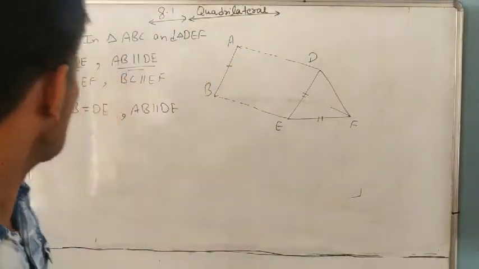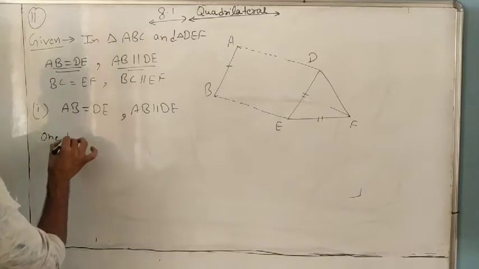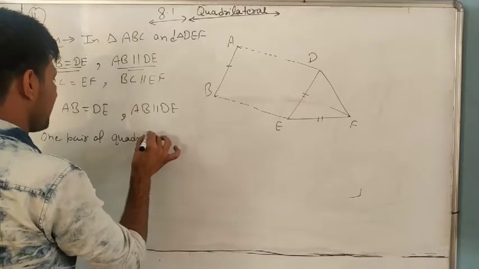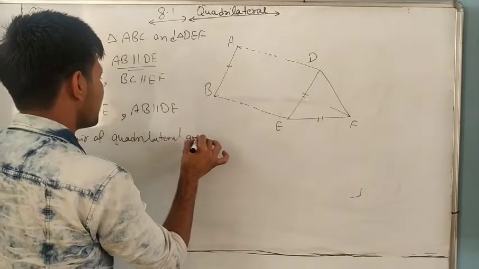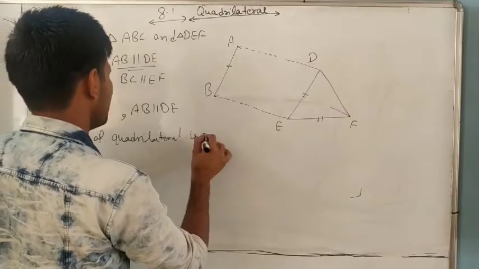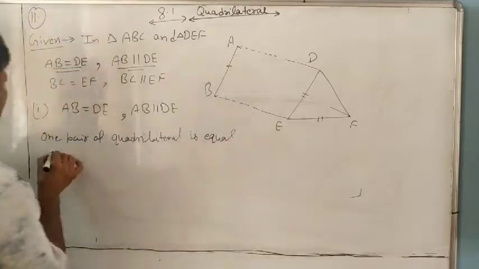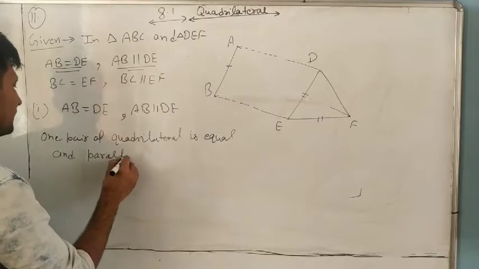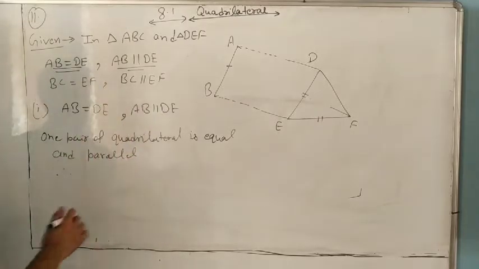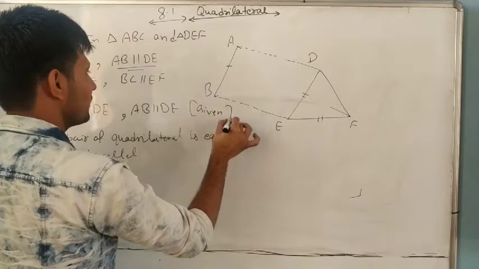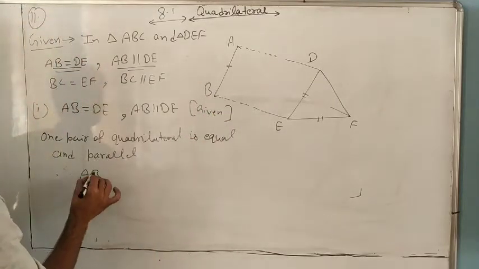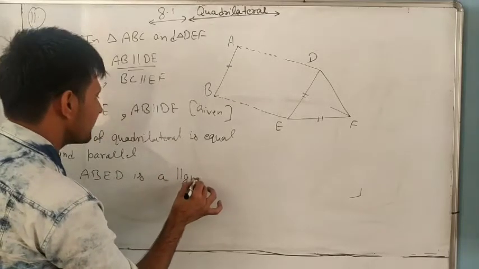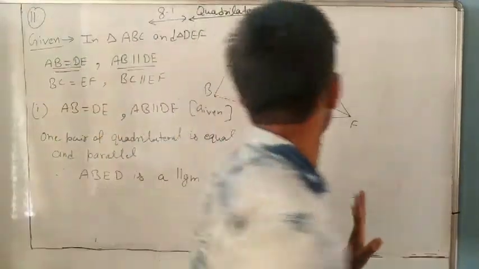So we write: one pair of sides of the quadrilateral is equal and parallel, and therefore it is given. So you can write, given in the question, therefore ABED is a parallelogram. Understand? The first part is finished.